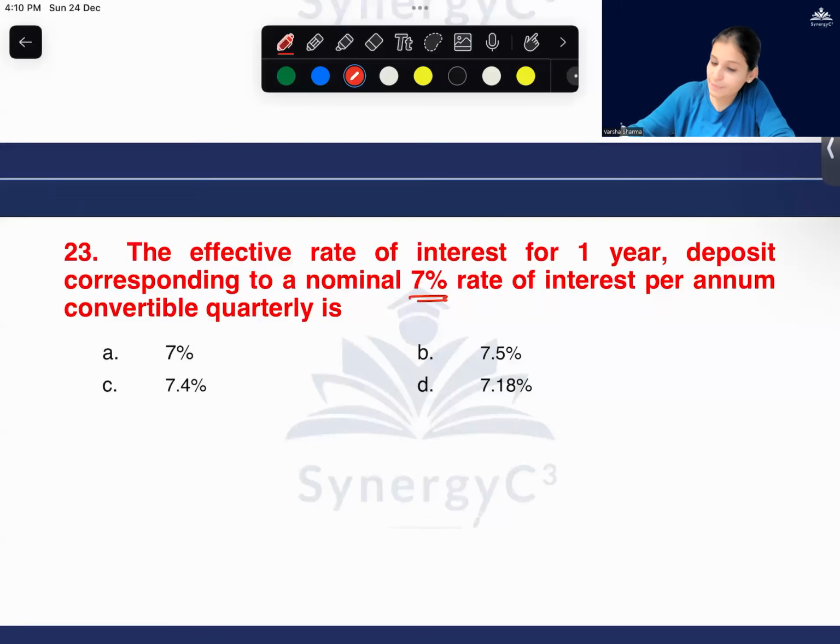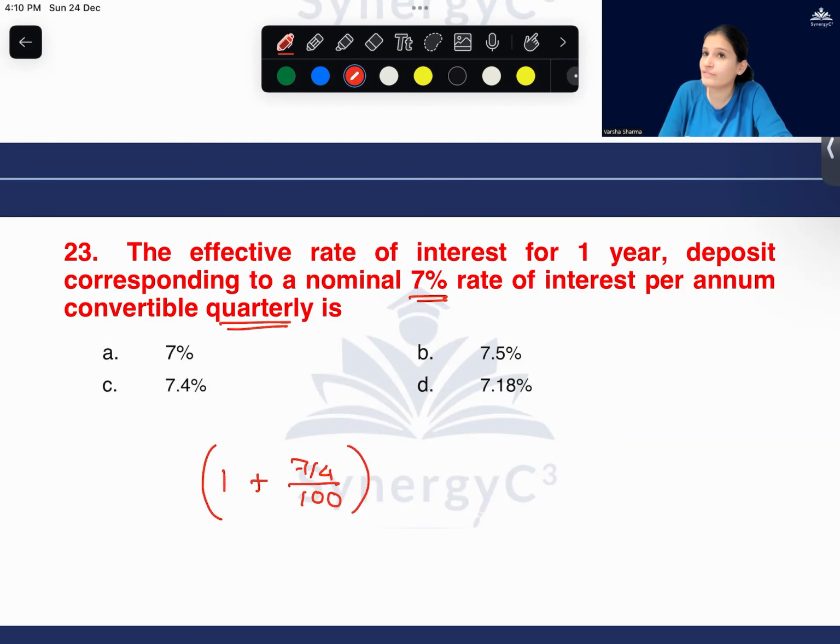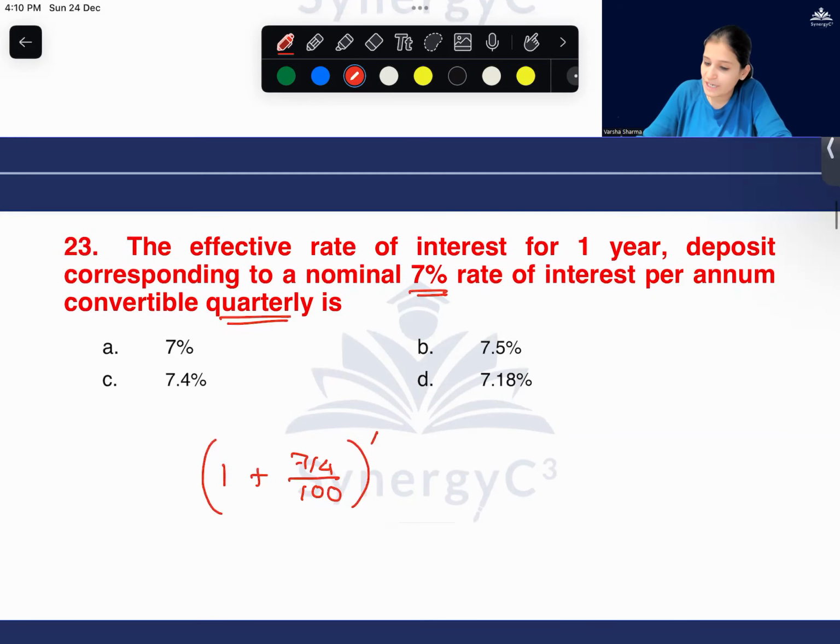Effective rate of interest, 7% quarterly. First divide 7 by 4 for the quarterly rate, then by 100 for decimal. Add 1. In 1 year, effective rate of interest is always for 1 year, even if it has not been mentioned. So 1 year, 4 installments, minus 1 for the interest, into 100 for percentage.